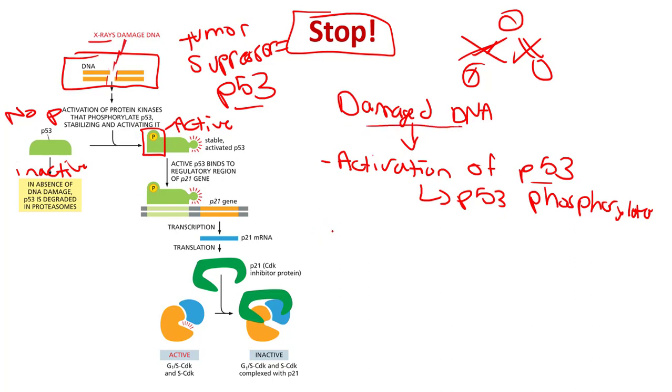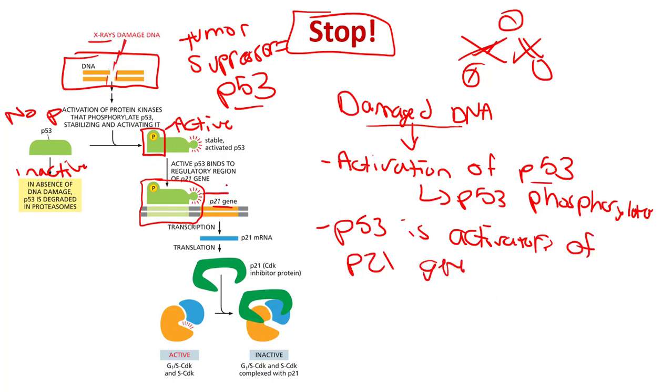Now what will happen is the P53 will bind to the regulatory region of a gene called P21. So basically P53 is an activator. Remember when we talked about activators last week? P53 is an activator of the P21 gene. So P53 will turn on transcription of P21.